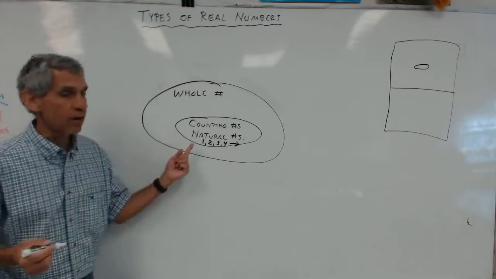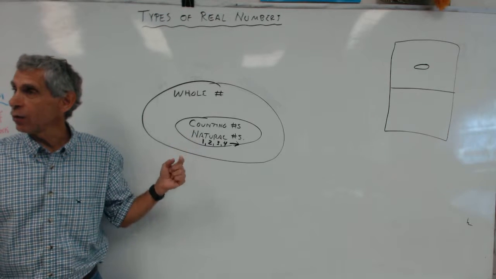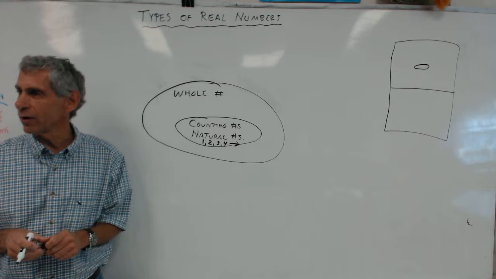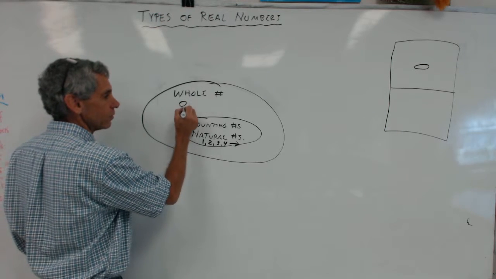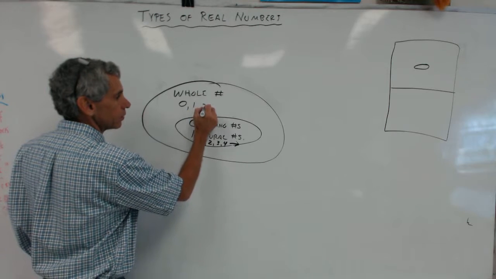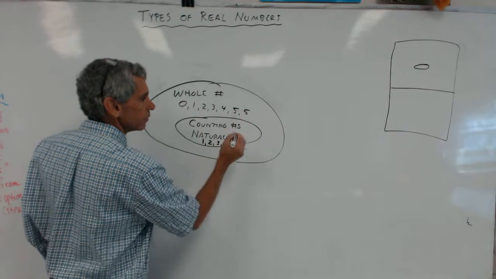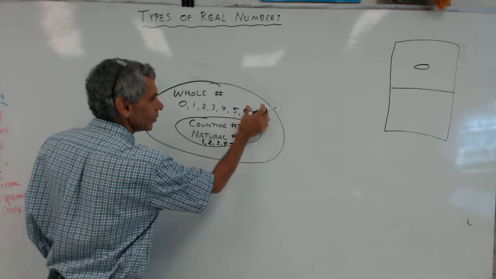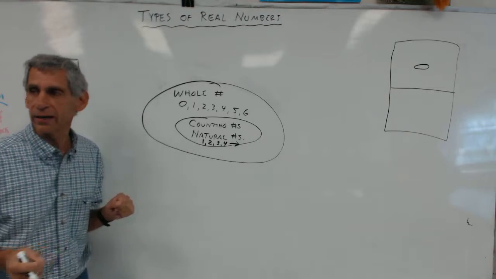Whole numbers are the same thing as counting numbers or natural numbers, except they added one number. What do you think that one number was? 0. So it starts at 0, and it goes 1, 2, 3, 4, 5, 6. You notice that they're all whole, like there's no fractions, right?